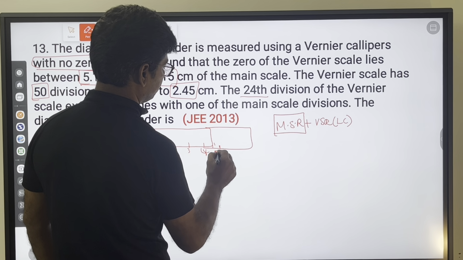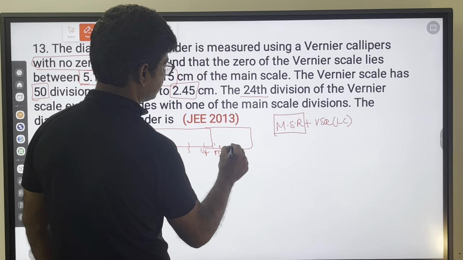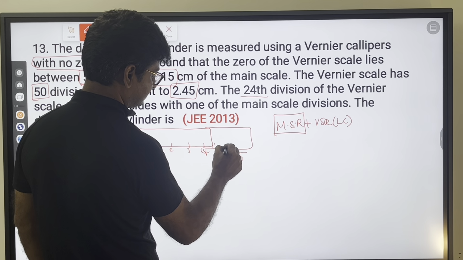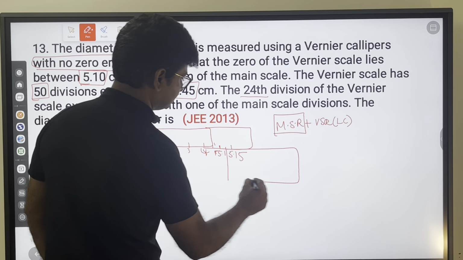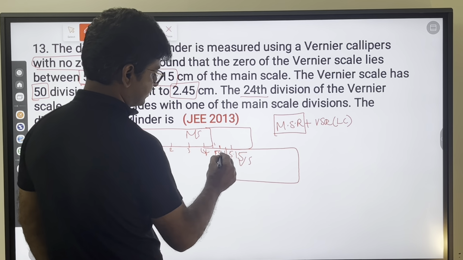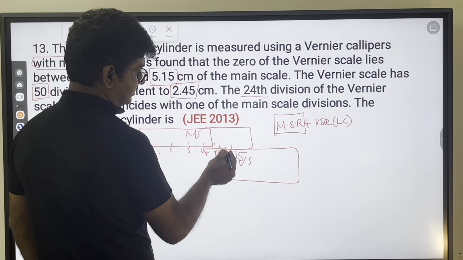So this is 5.1 for example. Next division is 5.15. So somewhere here your vernier scale is starting. This is your main scale. This is your vernier scale. So after 5.1 vernier scale is starting.